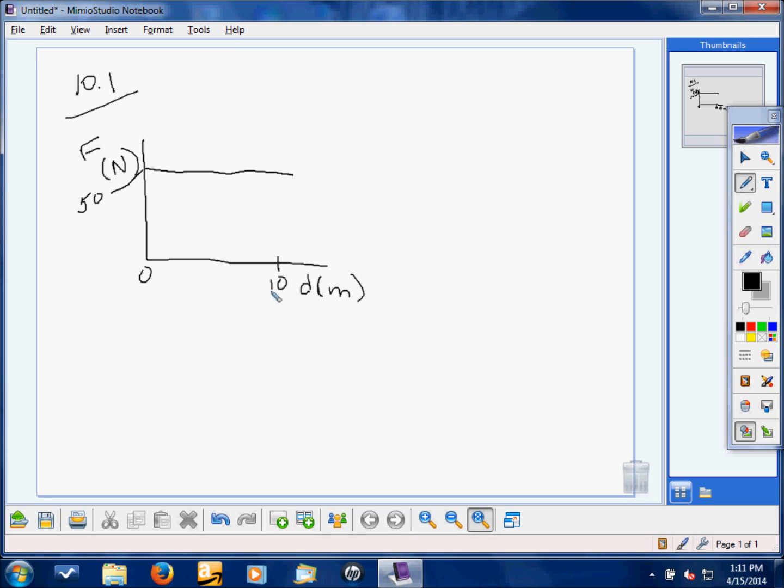So the force is constant at 50, and it goes for 10 meters. We have a force, we have a distance, they're in the same direction, so you can just multiply them, and that comes out to be the area under this graph. Okay? So our work equals force times distance, and in terms of graphing, it's the area under the curve.